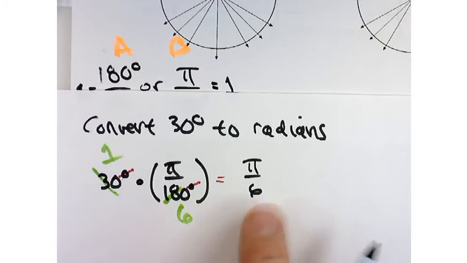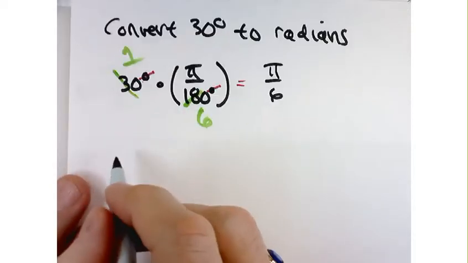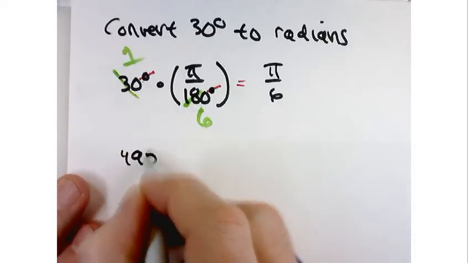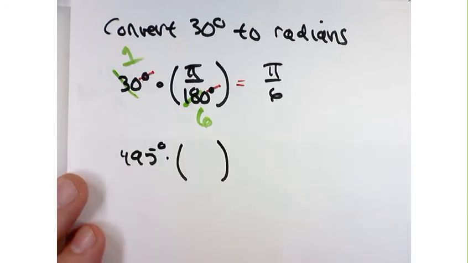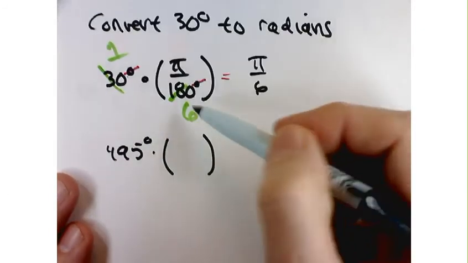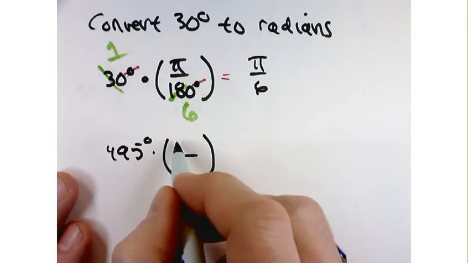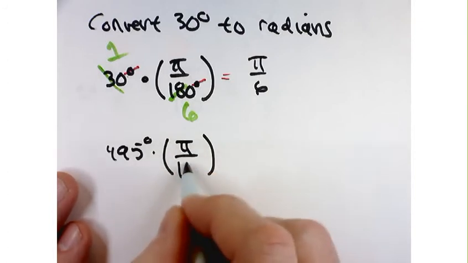So let's try another one. Let's try 495 degrees. 495 times something. Well, if that's in degrees, I want to multiply by the same thing I did just a moment ago, pi over 180.